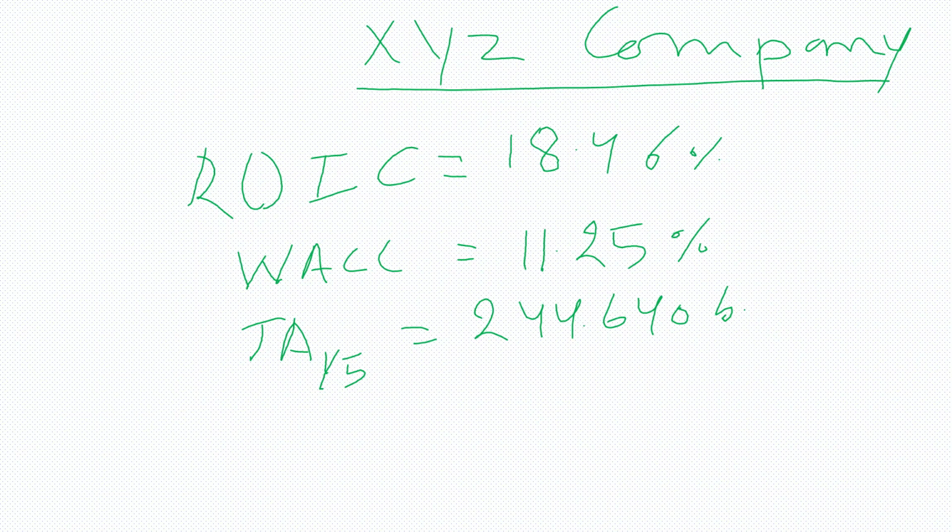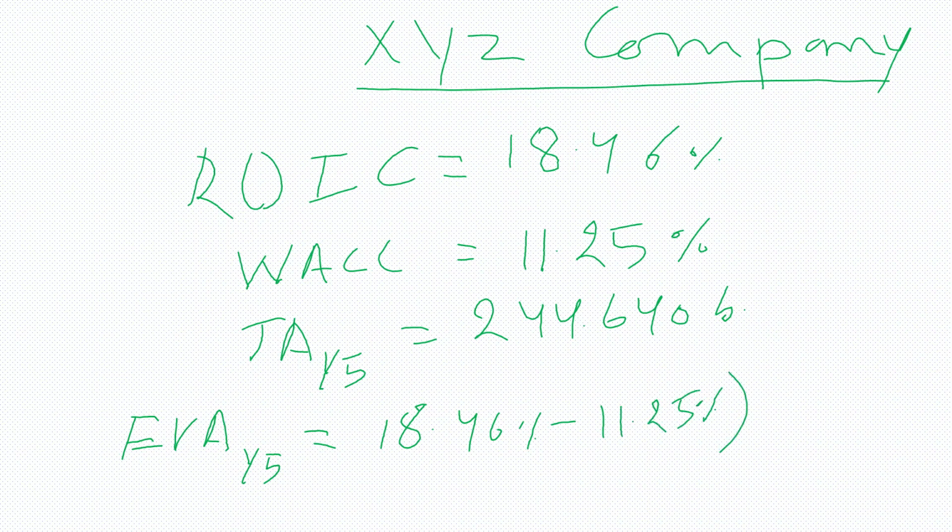In that case, what is the EVA for year 5? You would simply do the return on invested capital, which is 18.46%, minus the cost of capital, which is 11.25%, and multiply this by the total assets, which is 244.640 billion.